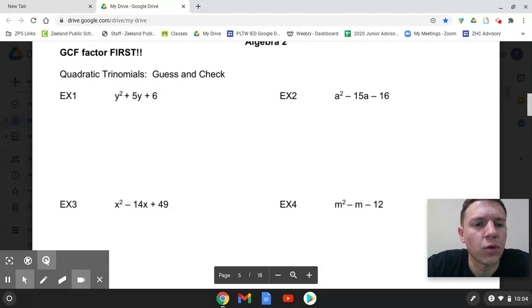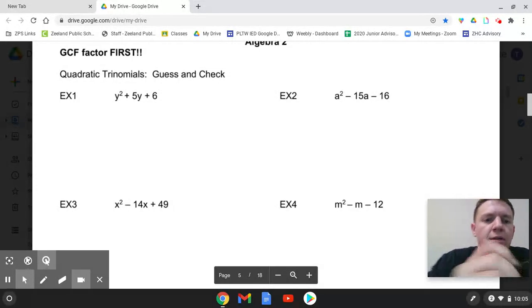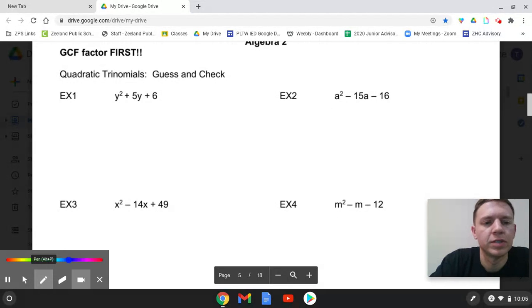All right. Now on to quadratic trinomials. This is always where the squared term has a 1 in front of it, or you don't see anything. So you don't see like 3y squared there, for example. You see just y squared. The next one is just a squared. The squared term only has a 1.